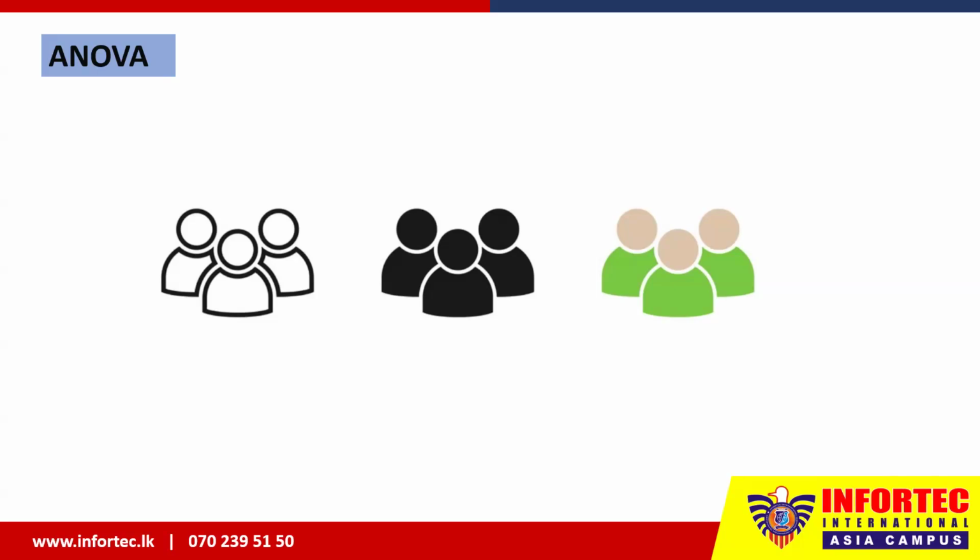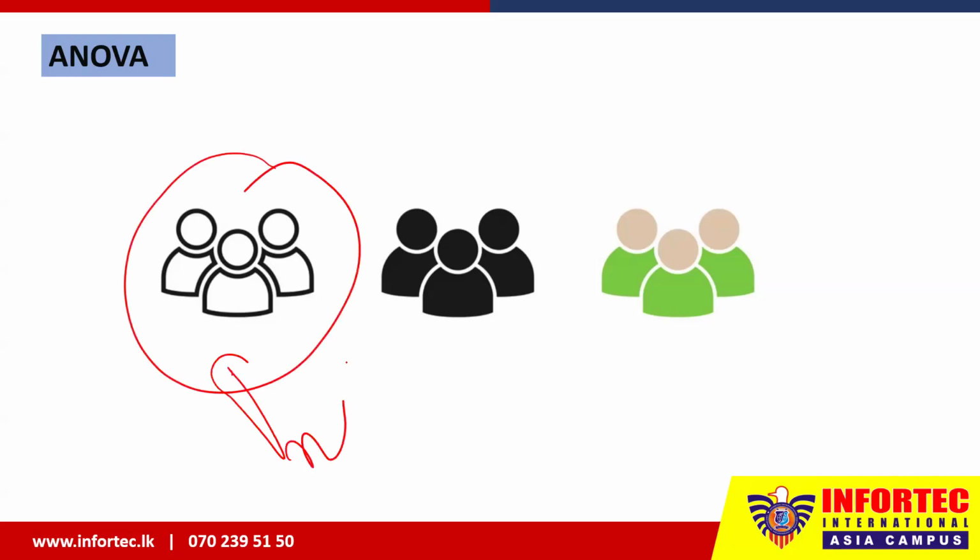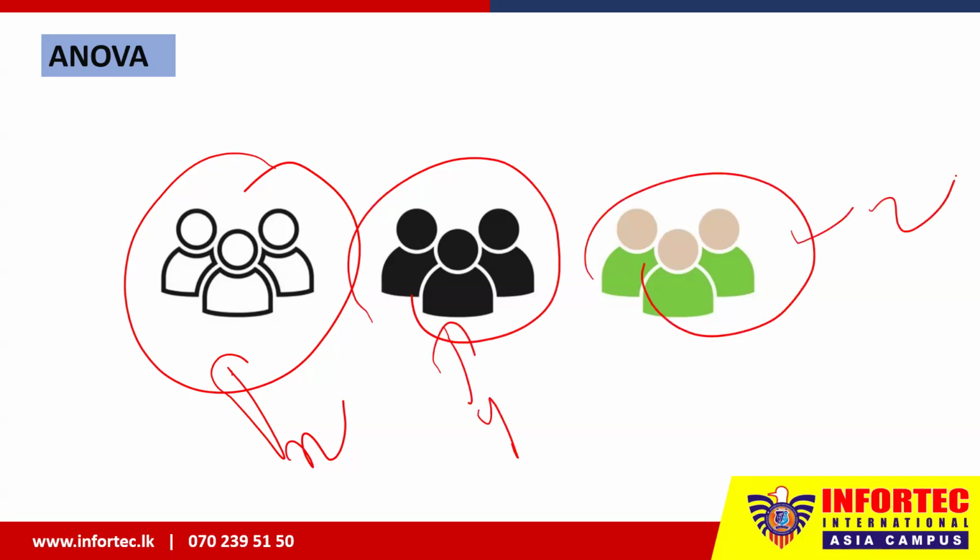grade one children related to, we can consider, area X. You are considering three areas, okay? Area X, area Y, and area Z. You are taking children from grade one from three areas.